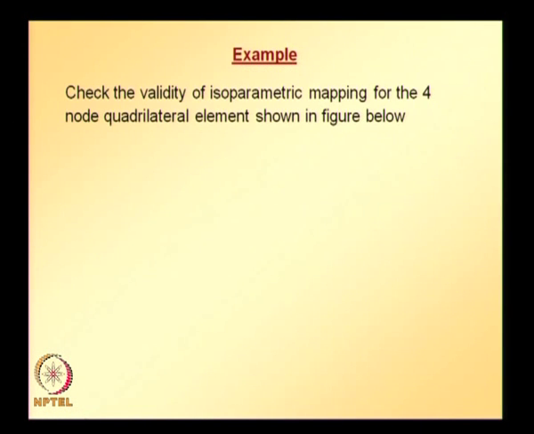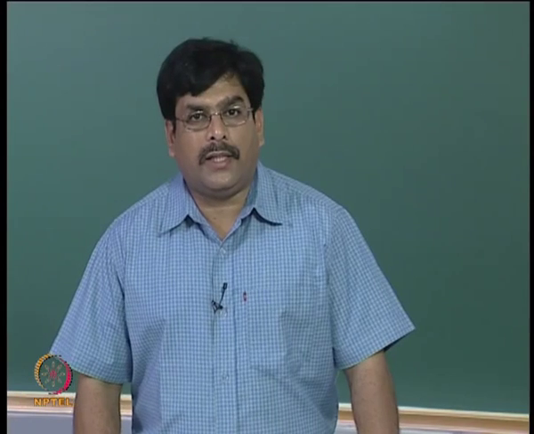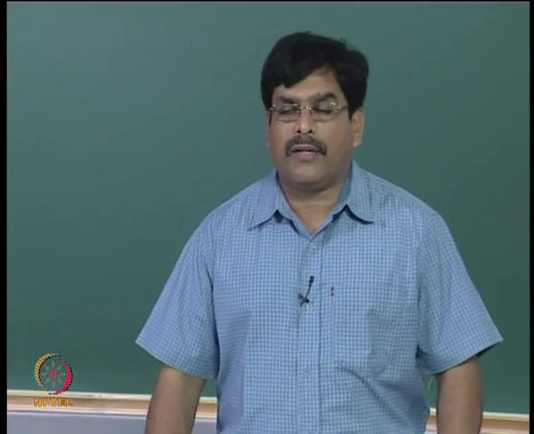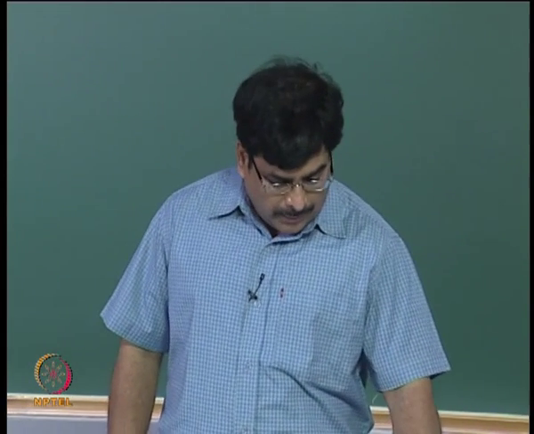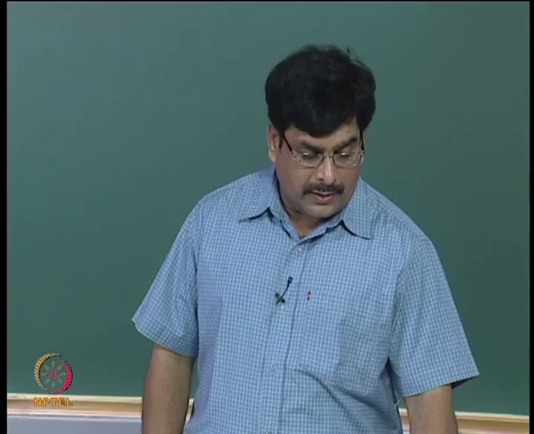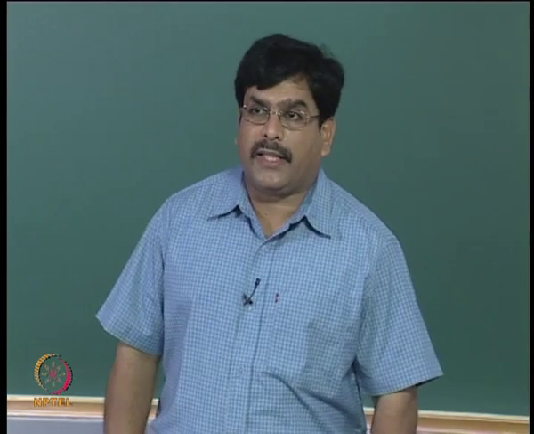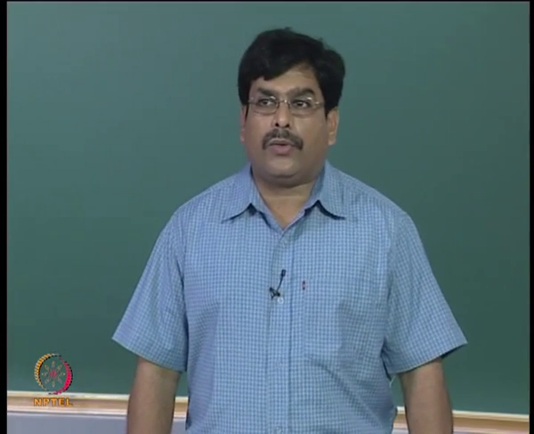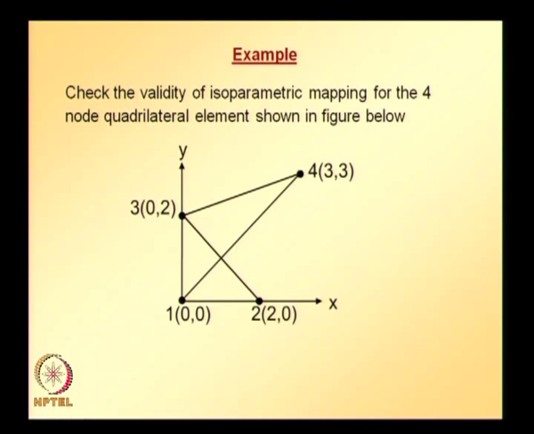So, now let us look at this example. What happens if a particular software expects the nodal information to be given in a particular direction, but the user inputs it in a different way? So, let us take that example. Nodes are numbered 1, 2, 3, 4.